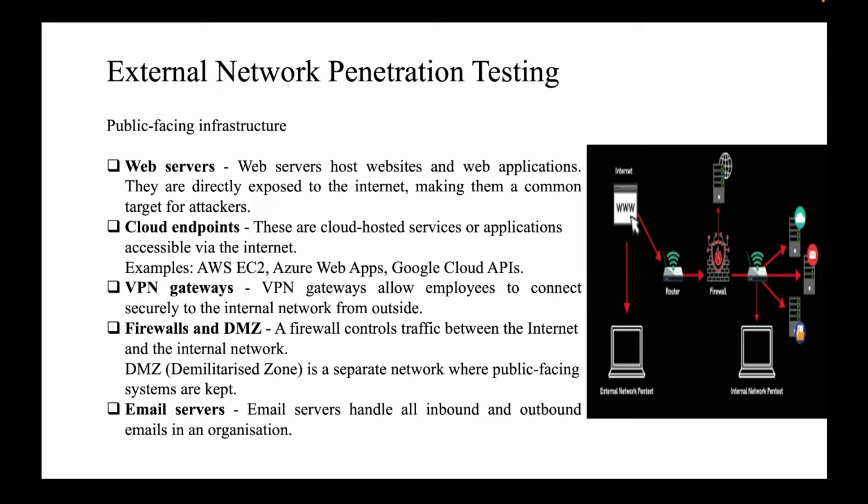The next one is cloud endpoints. These are services or applications running on cloud platforms like AWS, Azure, Google Cloud. They are accessed through the internet using URLs, APIs, and so on. Examples are an AWS EC2 virtual server, an Azure web application, a Google Cloud API.